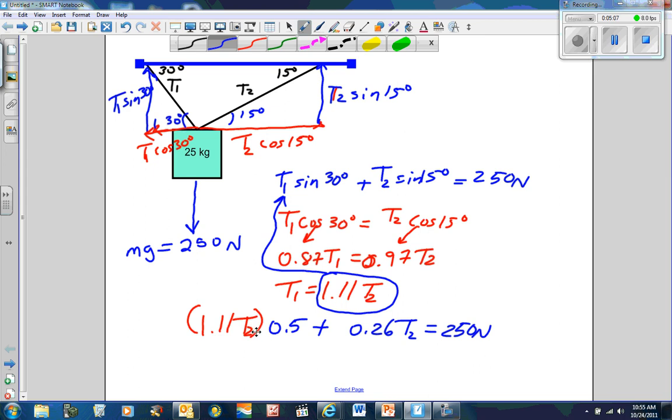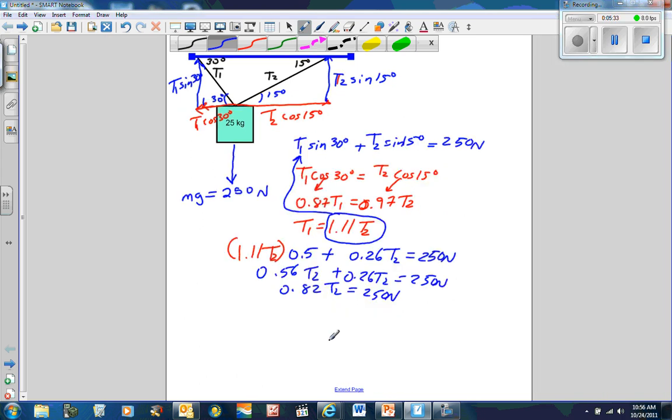All right, so 1.11 times 0.5 gives me 0.557, so 0.56. So 0.56 T2 plus 0.26 T2 equals 250 newtons. That's going to be 0.82. So 0.82 T2 equals 250 newtons.